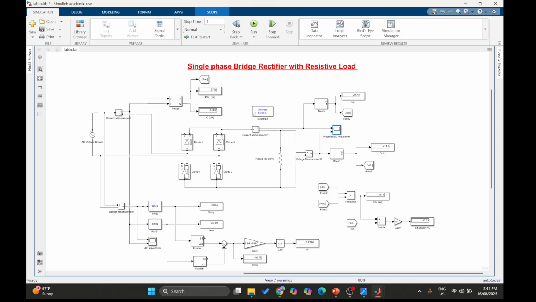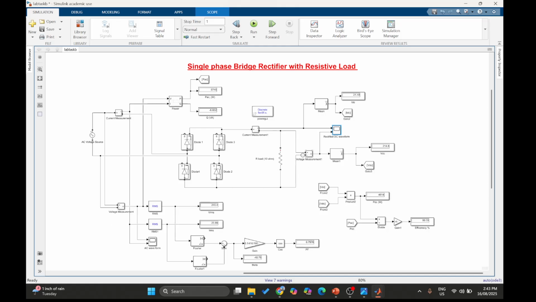What we can conclude from this circuit is that the rectifier has done its job. It has converted the AC waveform to a DC waveform, or converted AC power to DC power.